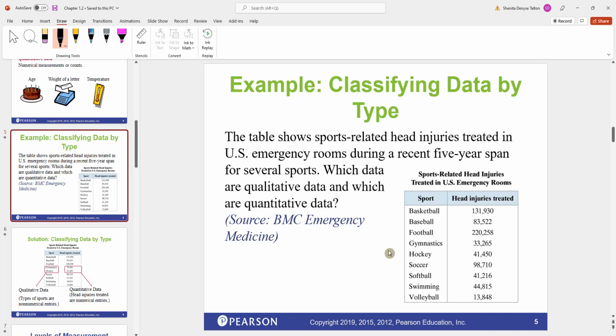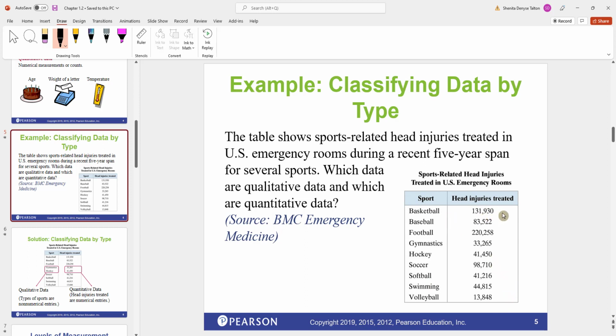So let's look at this example. The table shows sports-related head injuries treated in U.S. emergency rooms during a recent 5-year span for several sports. Which data will be considered qualitative and which ones will be quantitative? So if you look at the table, you have sports, basketball, baseball, all the way down to volleyball, and then we have the number of head injuries treated for each sport.